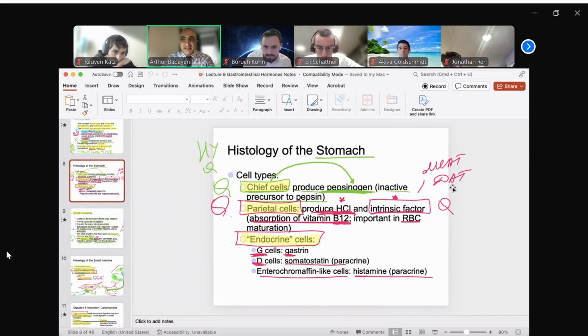MCAT exam, DAT exam question, mandatory to know. Intrinsic factor is needed for absorption of vitamin B12, which is important in red blood cell maturation.